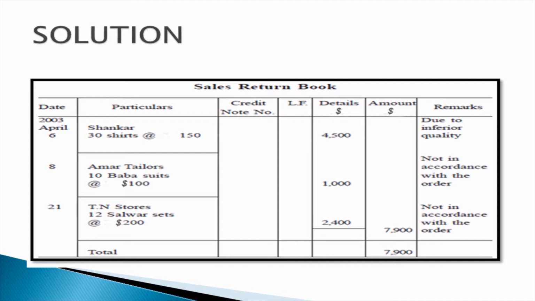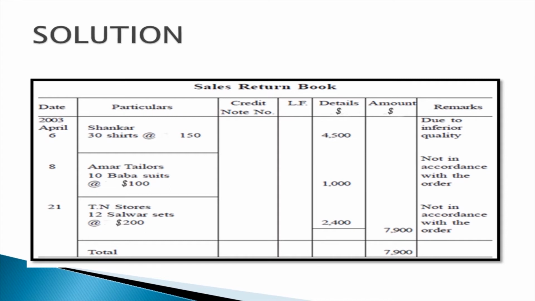And lastly, on 21st of April, TN Stores, 12 Salwar sets at $200 each becomes $2,400. So the total becomes 4,500 plus 1,000 plus 2,400, that is equal to $7,900. And you may find that on the right side there are the remarks, that is inferior quality, not accordance with the order, and again not accordance with the order.